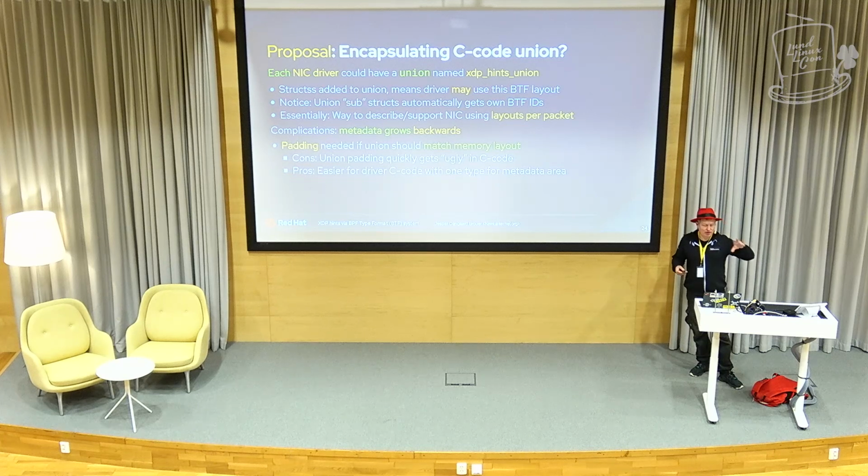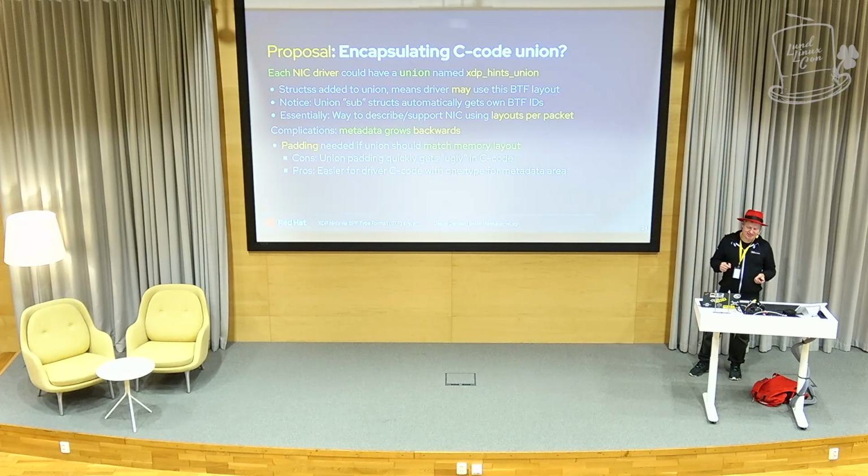As I explained before, everything automatically gets a BTF ID, even ints. So all the substructs have a BTF ID, and you can scan, find the union, walk that union, and check all the top-level structs defined in it. That will be the list of BTF IDs that this driver exports.